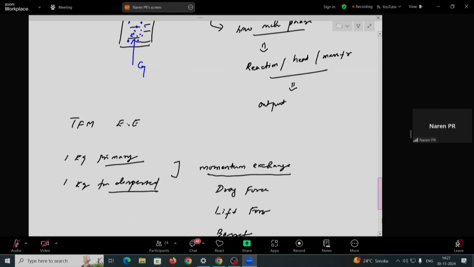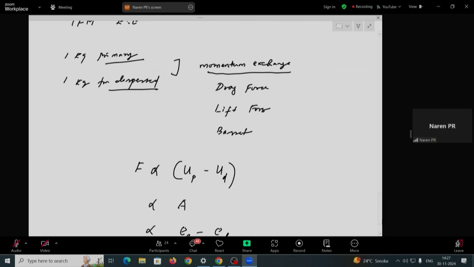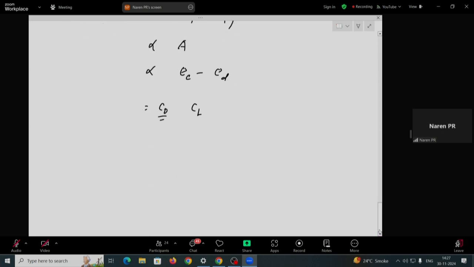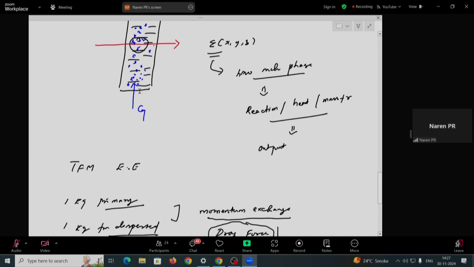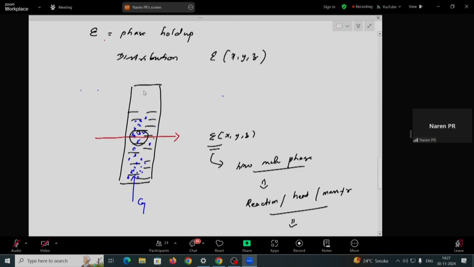So when we simulate a model, I will show in the next session that we will specify these forces. Predominantly, the drag force is what is specified, and there are different correlations available for this drag coefficient. So when we specify this drag coefficient, we will end up simulating the two fluid model or the Eulerian model, wherein the objective is to get the holdup distribution.